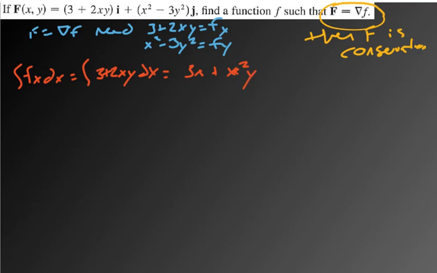And then notice that there should be a plus g of y term, right? Because g of y would be constant with respect to a dx integral, so if you took the derivative with respect to x, this term would go away. So that could be there. It's kind of like my constant of integration. It is my constant of integration. So this is a contender for what lowercase f could be, right?